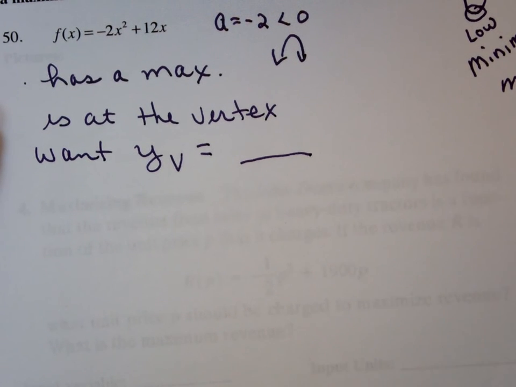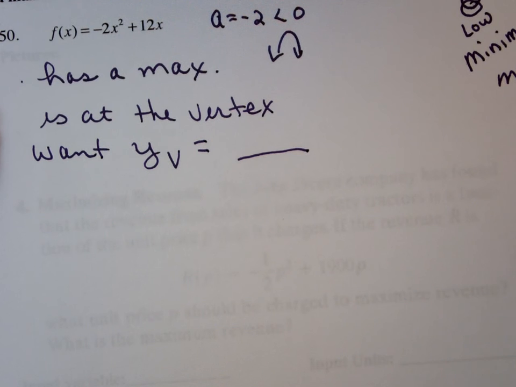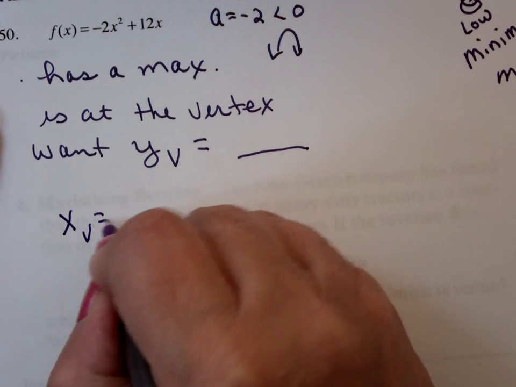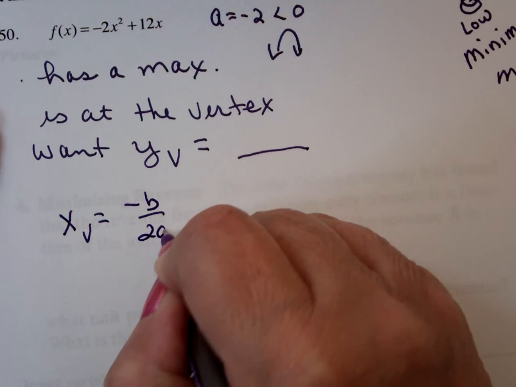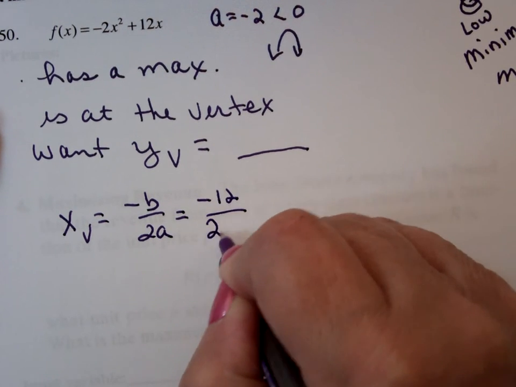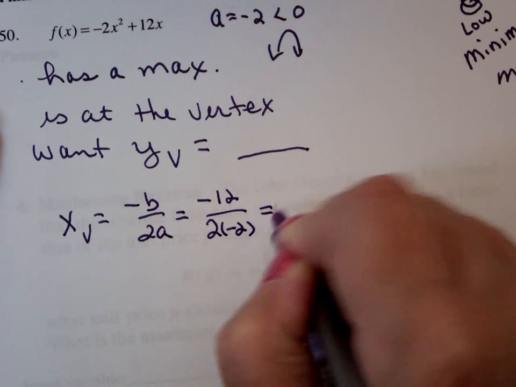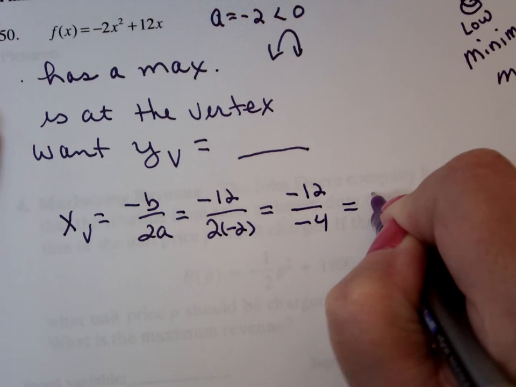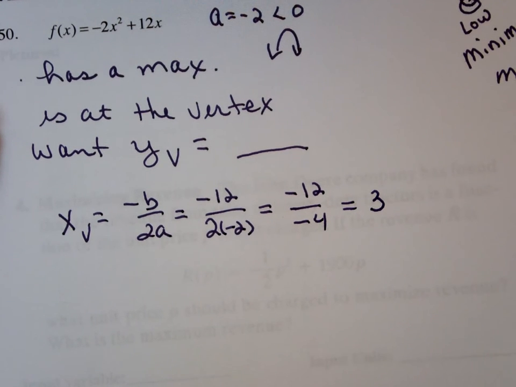But in order to find the y coordinate of the vertex, what do I have to find? The x. So the x coordinate of the vertex is minus b over 2a, which is minus 12 over 2 times minus 2, which is minus 12 over minus 4, which is 3. So the x coordinate of the vertex is 3.